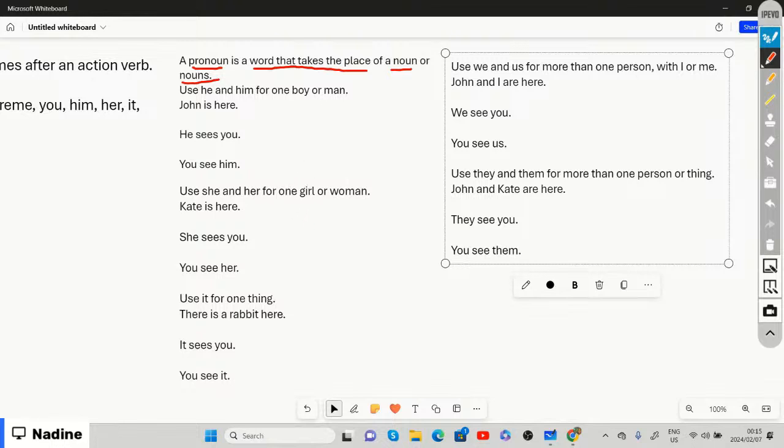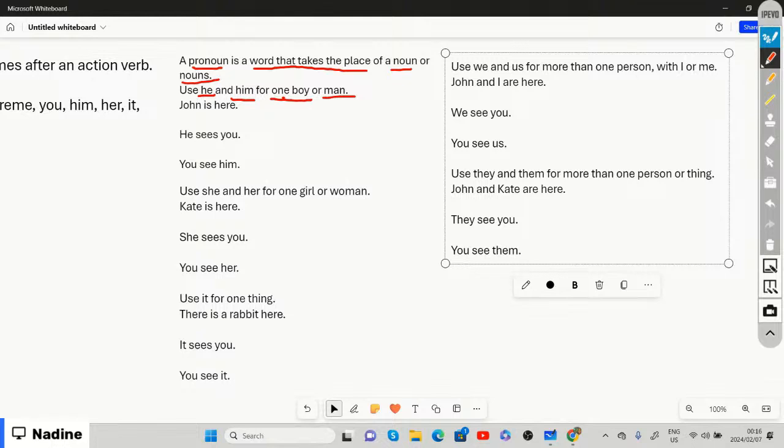Now when it comes to our pronouns, we can use he and him if we refer to either one boy or one man. For example, John is here.